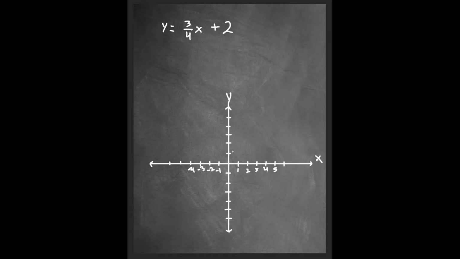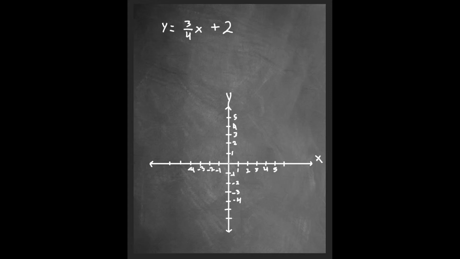This is 1y, 2, 3, 4, 5, and these are the negative values of y. -1, negative 2, negative 3, negative 4, and so forth. Okay? Now, we need to plot the points for which are values of x that then give us y.